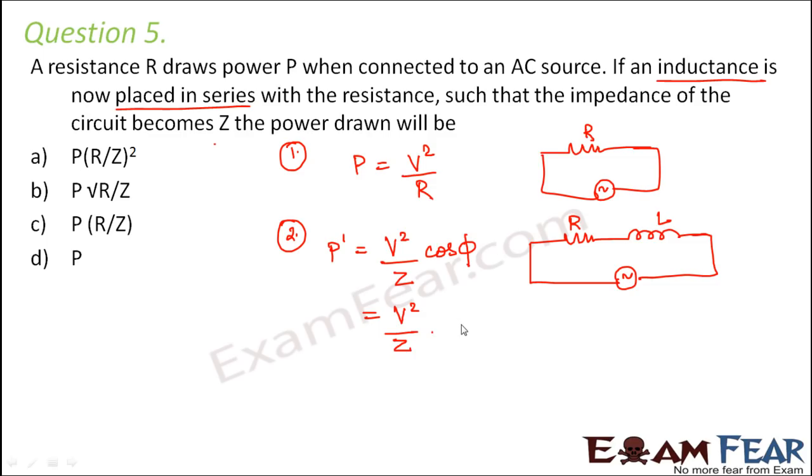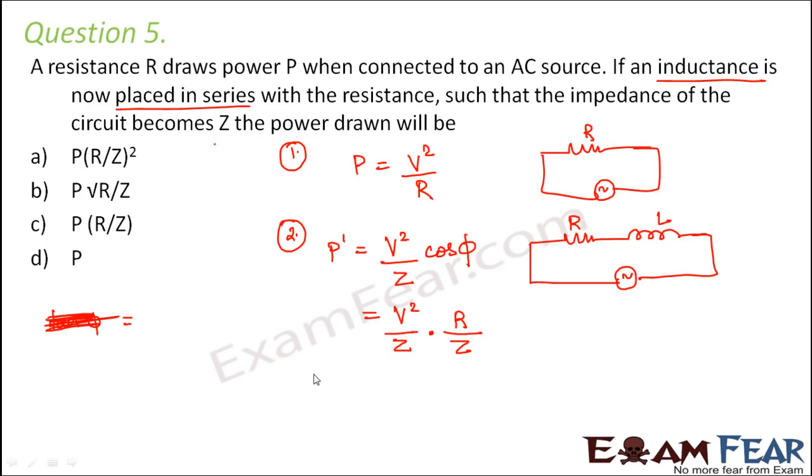Okay, so now we know that cos phi in this case would be equal to R upon Z, right? So that would be the value of cos phi.